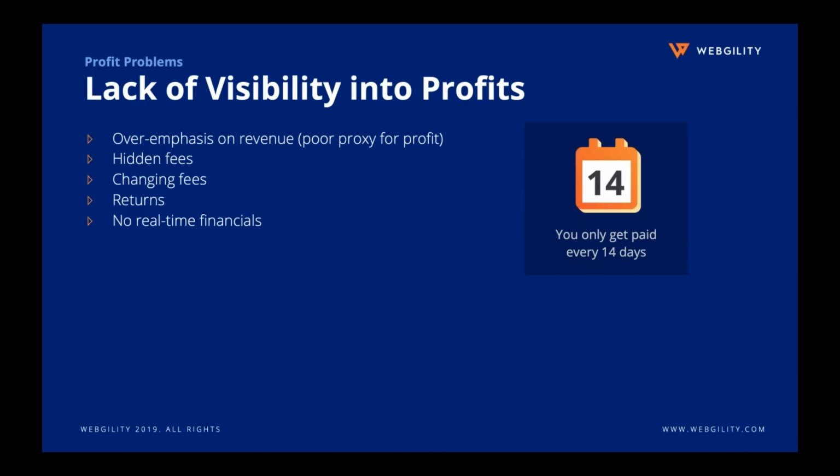There are lots of hidden fees and changing fees. This is especially true in the Amazon marketplace and in the Amazon world, and even more so if you get into the wonderful world of FBA. So there are obviously some upfront costs, and you'll see those, and Amazon will present those.